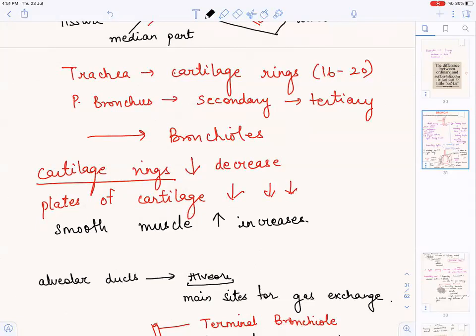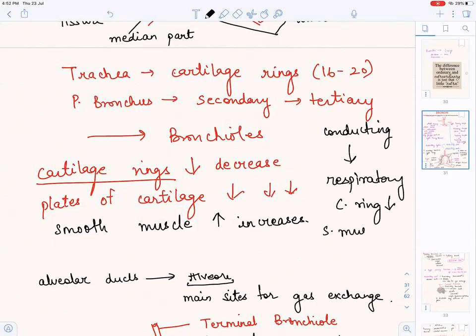So as we go from the conducting structures to the respiratory structures, the cartilage rings decrease, and the smooth muscles increase. Just keep this in mind.